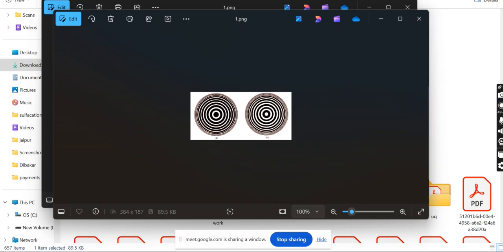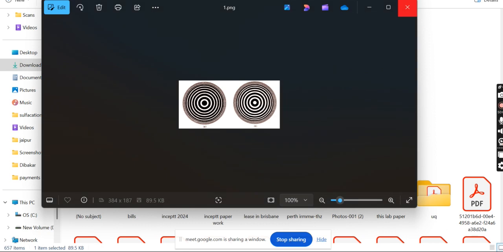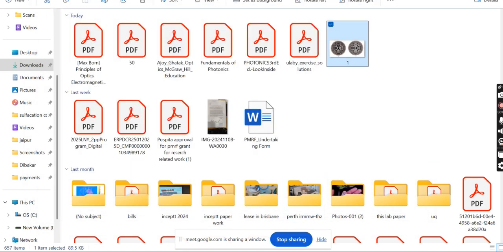We can see Newton's rings where the central fringe is dark. This is what we will see via reflection, and this is the Newton's rings we will see in the transmission mode, where the central fringe is bright.